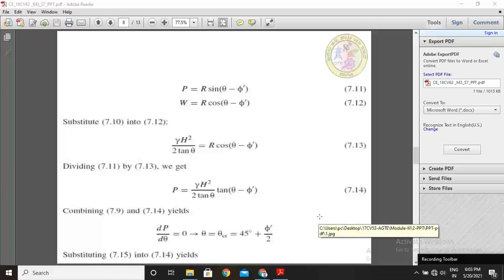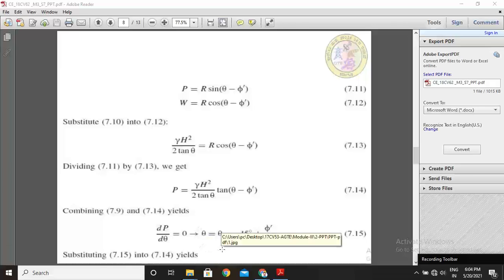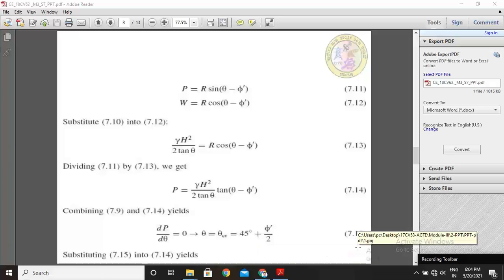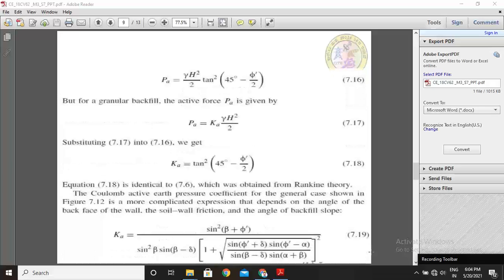Then combining equation 7.9 and 7.14 yields dP by d theta equal to 0. So then theta critical is equal to 45 plus phi dash by 2. Then substituting equation 7.15 into 7.14, we get the active earth pressure PA equal to gamma h square by 2 into tan square of 45 minus phi by 2.